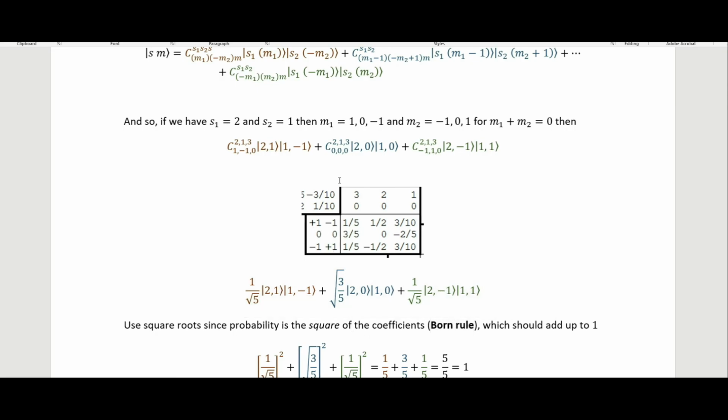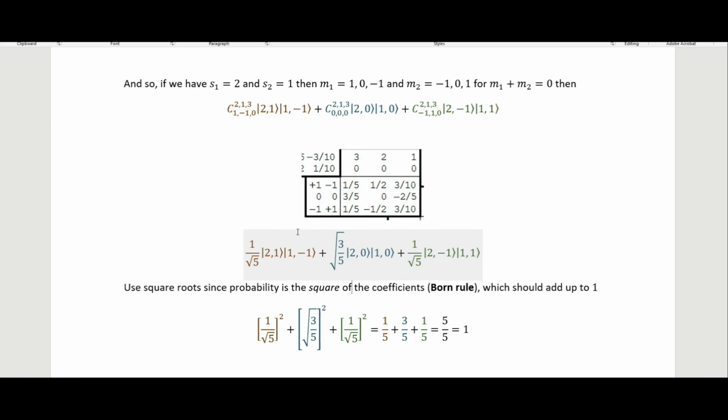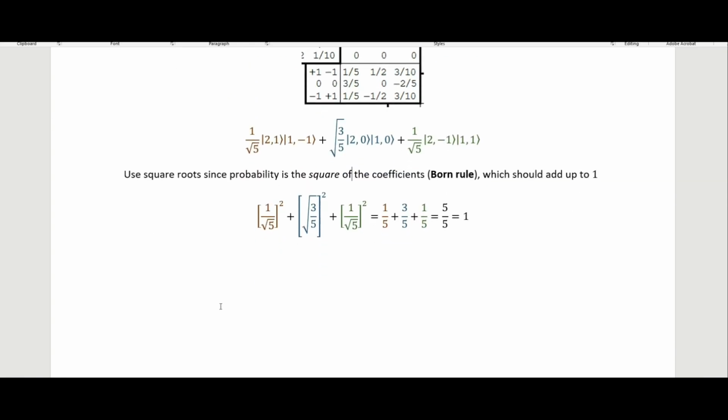Then for the 0, 0, which was this second number here, we take the 3/5 and put it under the square root there. Then for the minus 1 to 1, we do another 1 over square root of 5 here. And that is what we substitute in for those c's.